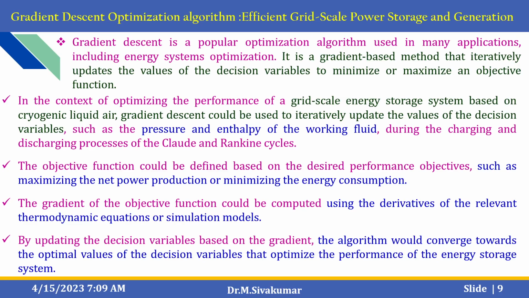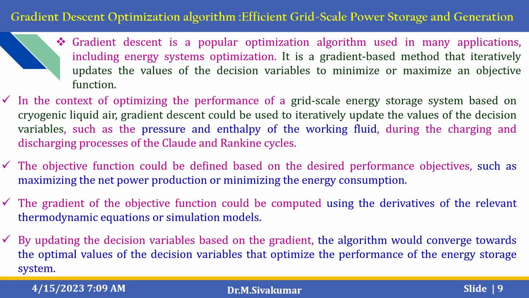In the context of optimizing the performance of a grid scale energy storage system based on cryogenic liquid air, gradient descent could be used to iteratively update the values of decision variables such as pressure and enthalpy of the working fluid during charging and discharging process of the Claude and Rankine cycles. The objective function could be defined based on the desired performance objectives such as maximizing the net power production or minimizing the energy consumption.